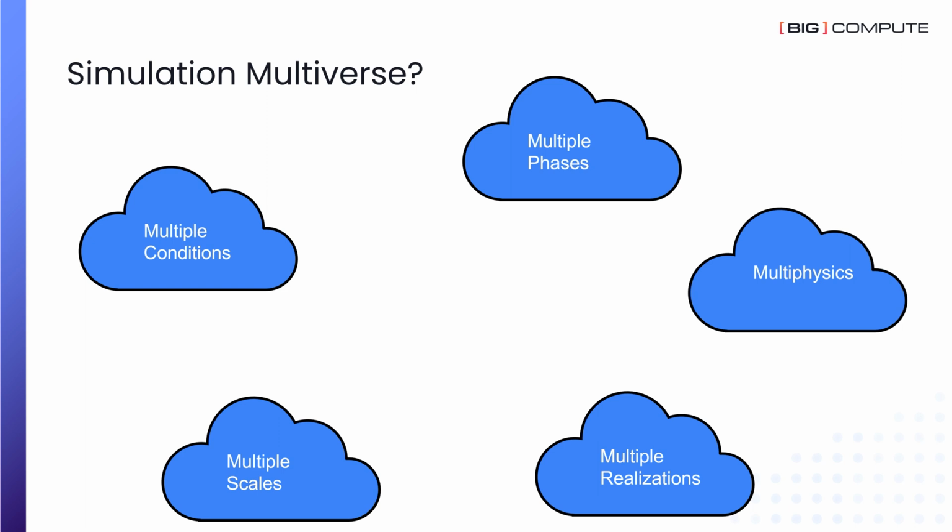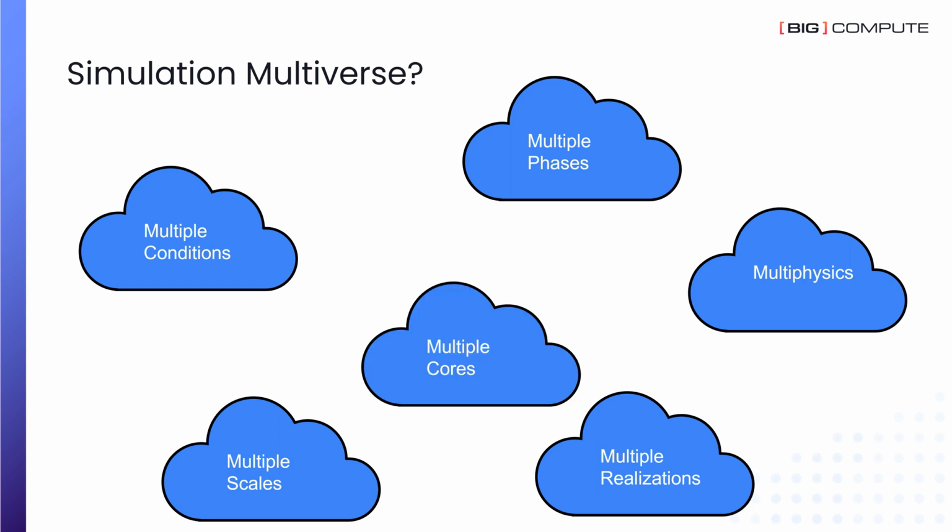And all of these things can be enabled with the use of multiple cores. These allow us to access larger amounts of compute resources and address more challenging problems.